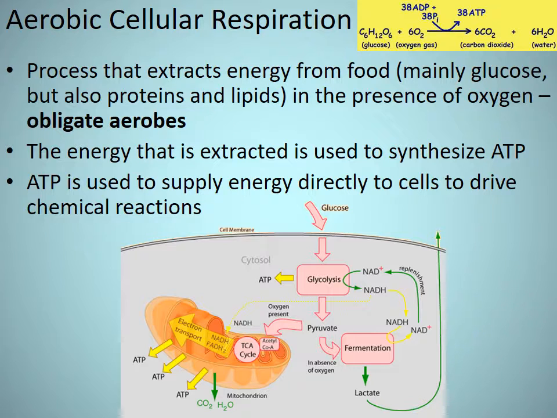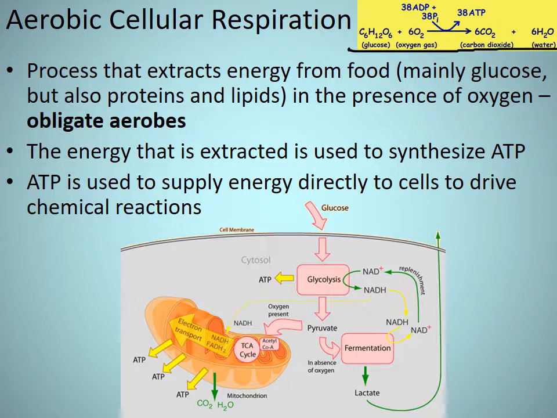What you guys learned in Chapter 3 was an introduction to metabolism, and essentially it lays the foundation or the groundwork for these next two chapters, cellular respiration and photosynthesis. They are complementary of each other because it's the same chemical reaction.